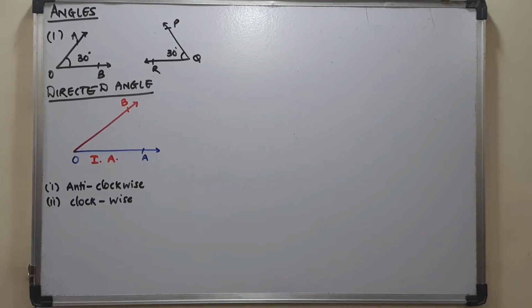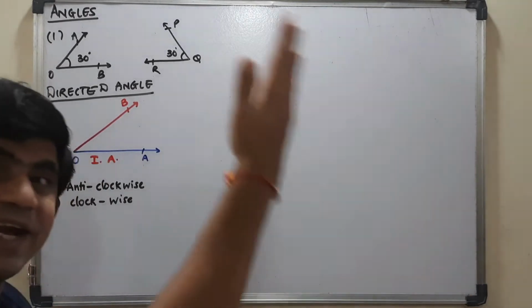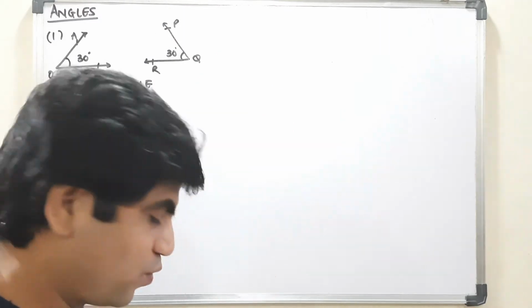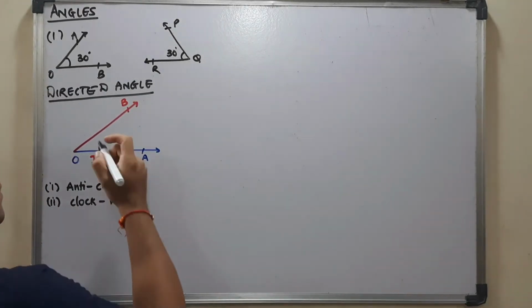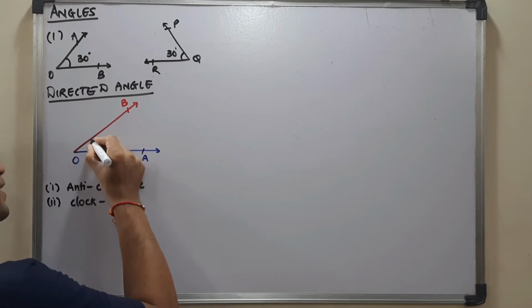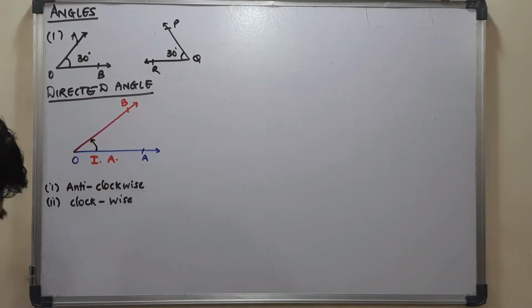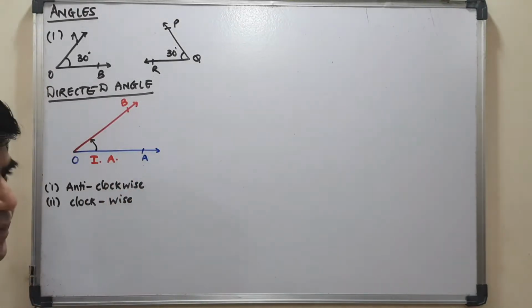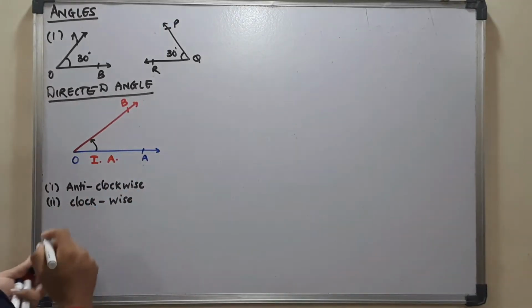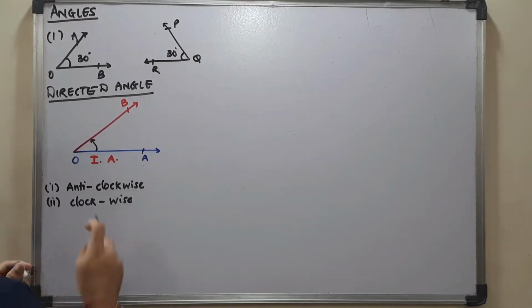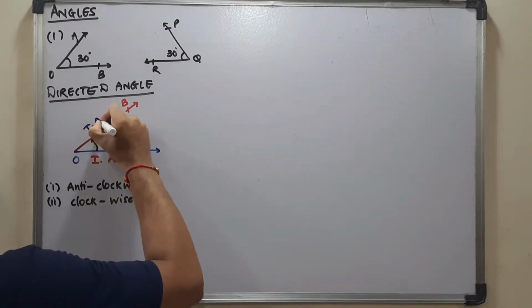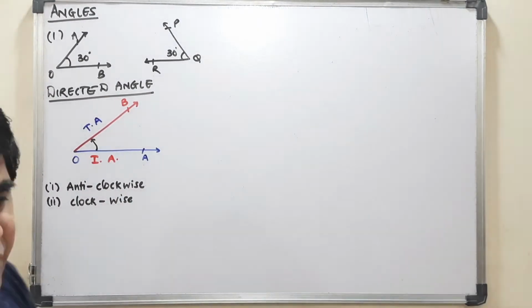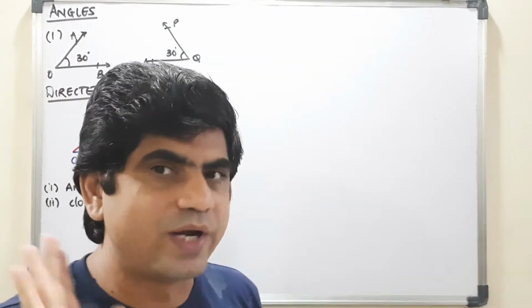I took the thread, kept it fixed at O, and rotated it at O in the anti-clockwise direction. The ray will indicate the direction. This is anti-clockwise, and after rotating it, it stopped over here. This is called the terminal arm. So after reaching there, the final position is obtained.